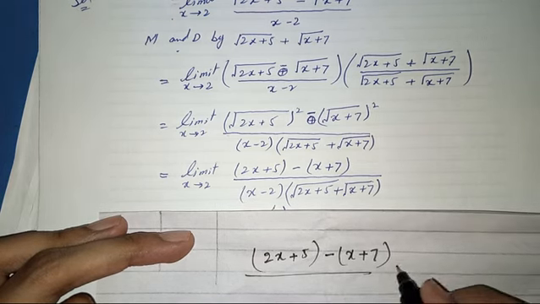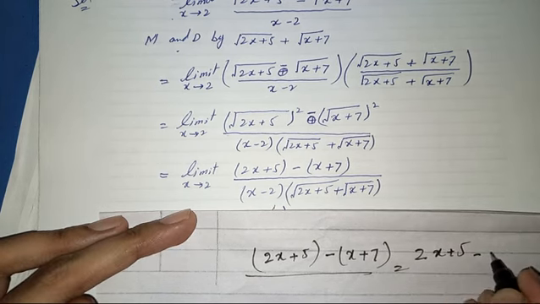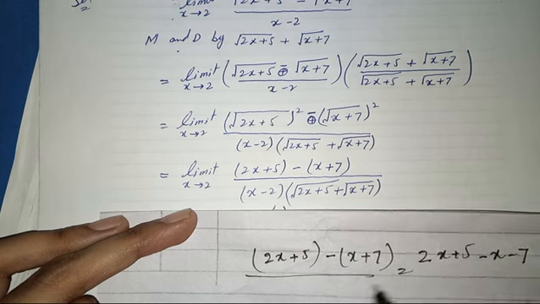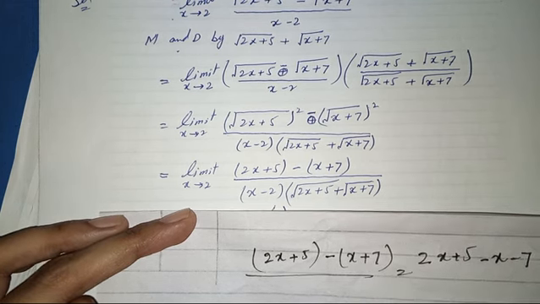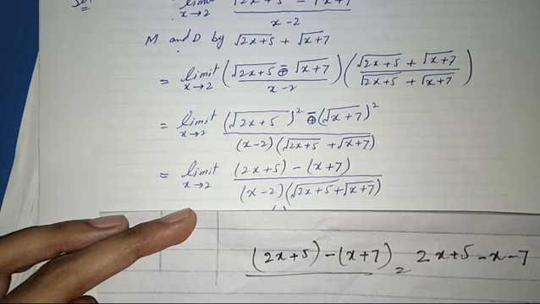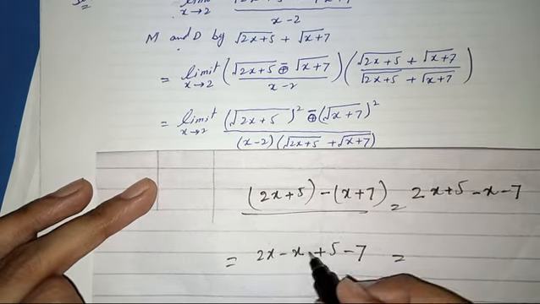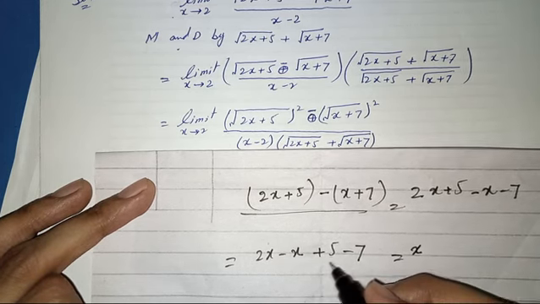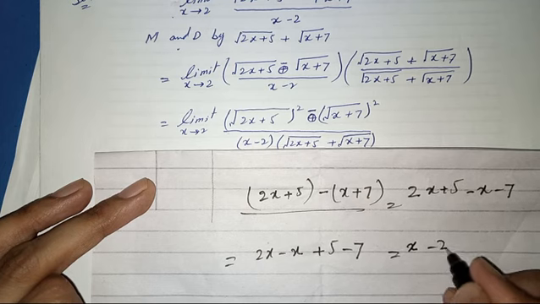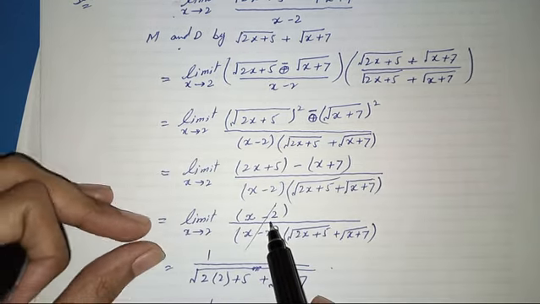So in the numerator 2x plus 5 minus x minus 7, the numerator becomes 2x minus x plus 5 minus 7. So in the numerator 2x minus x, remaining only x, plus 5 minus 7 is minus 2. So in the numerator I have written directly x minus 2.